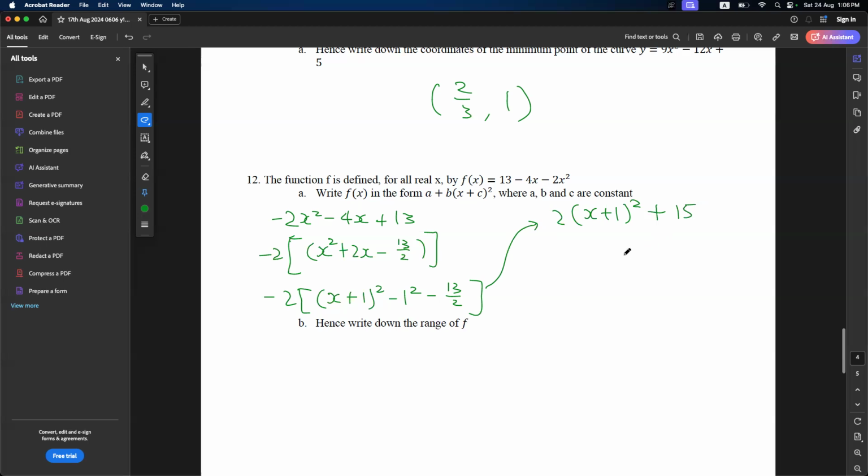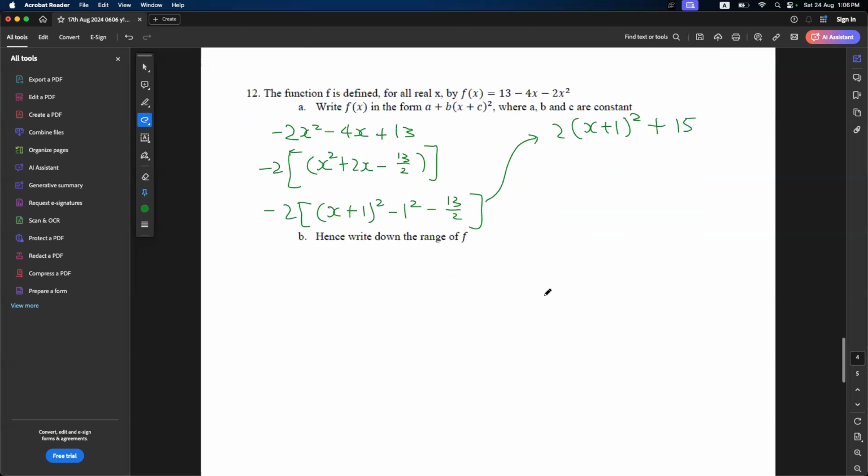Now in this question they didn't ask you to write down the minimum point, but they asked you to write down the range for f. What kind of graph is this? Happy or sad face?